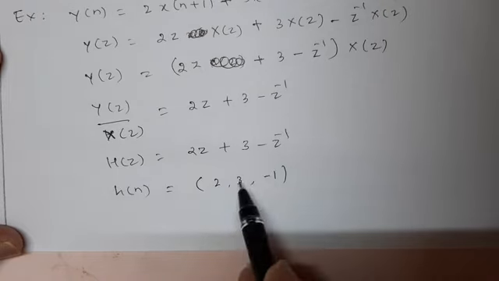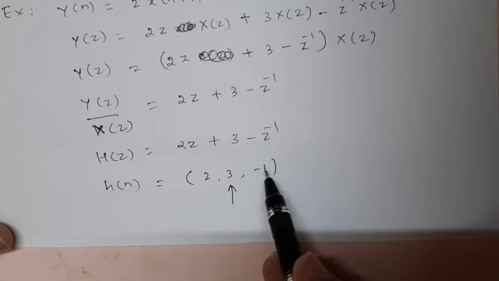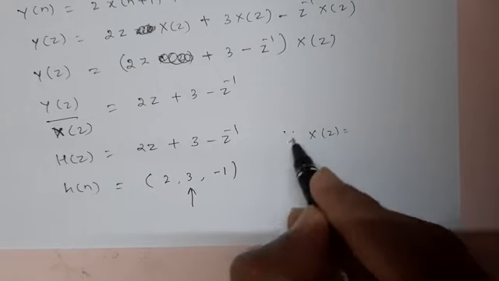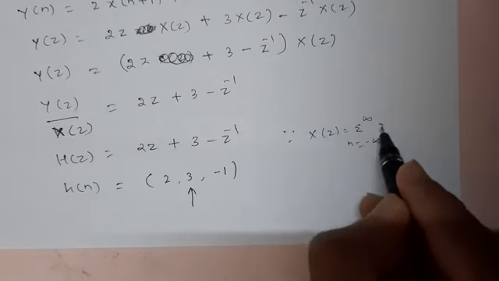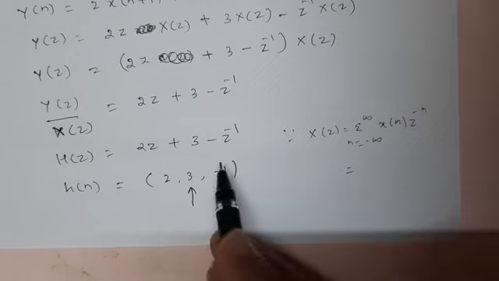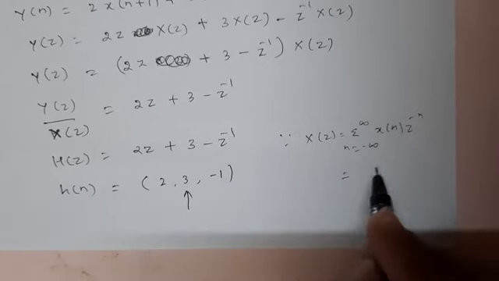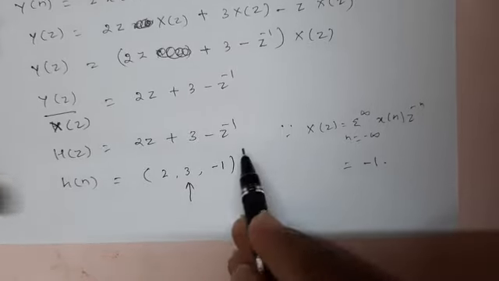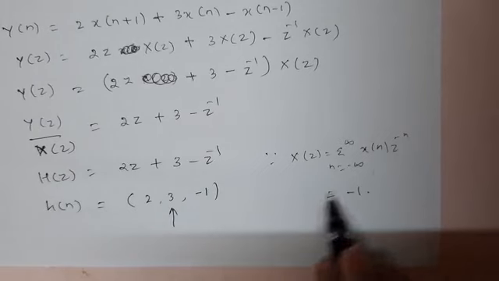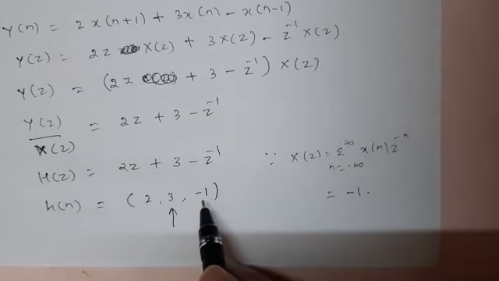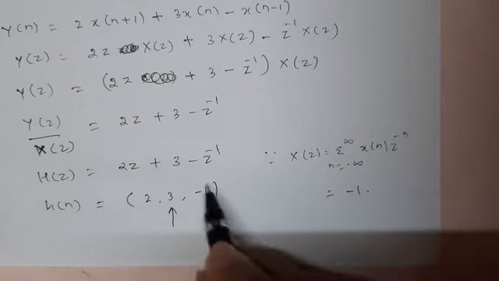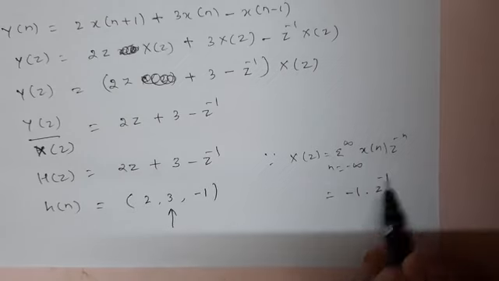Why? Because this is 3 delta of n, so it is at n equal to 0. This is z inverse, minus 1. Your equation is x of z equals summation n equal to minus infinity to plus infinity x of n z to the power minus n, where x of n is minus 1 at n equal to 1, which means z inverse.